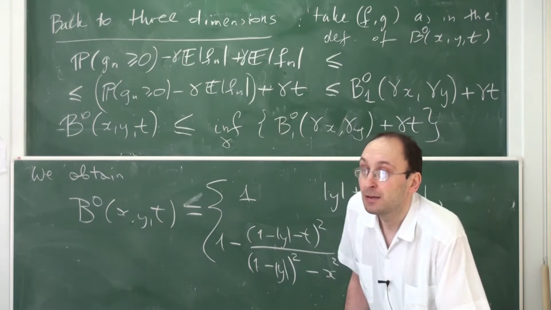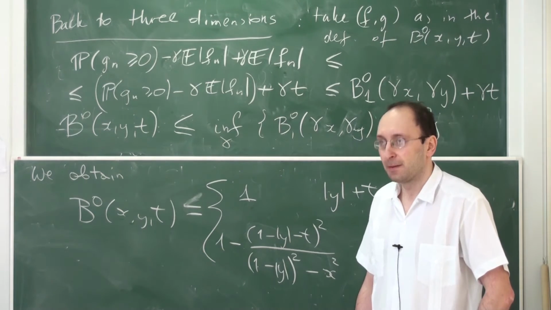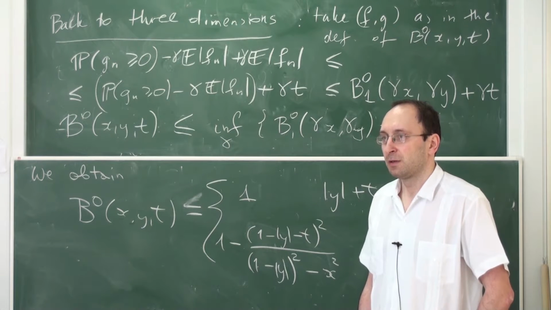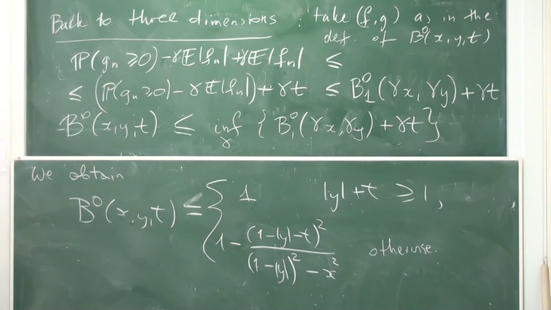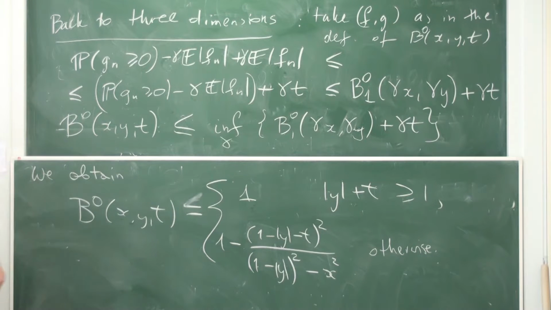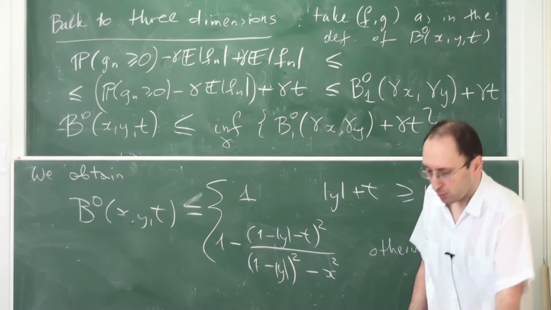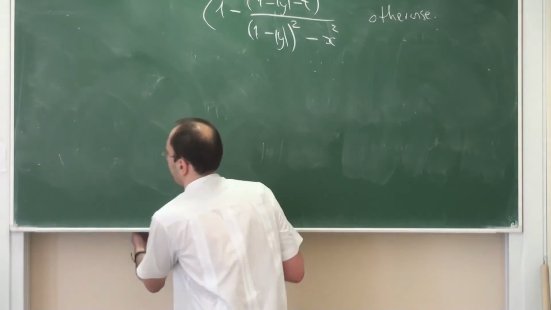If you just naively take gamma equal to 1 in there, this family would be too small. Just one element is too small. You must have this arbitrary positive gamma here. All right, so now we turn to the two-sided case. I will be brief.